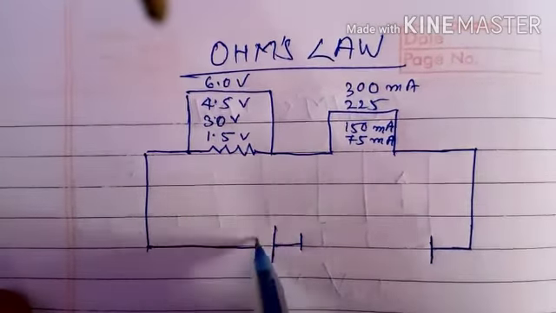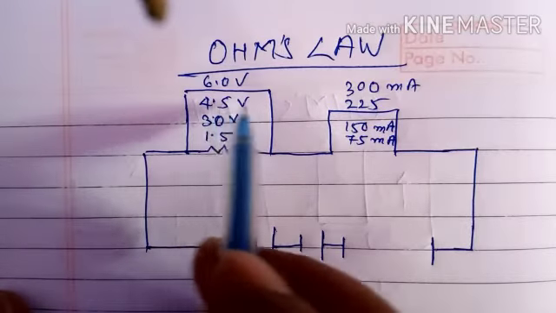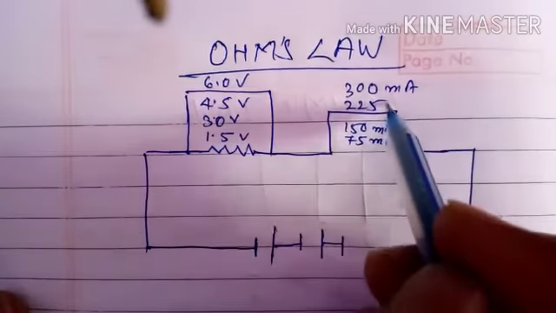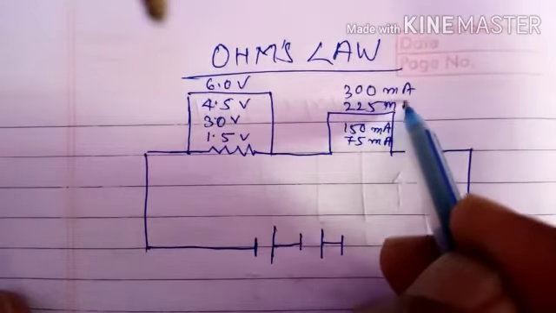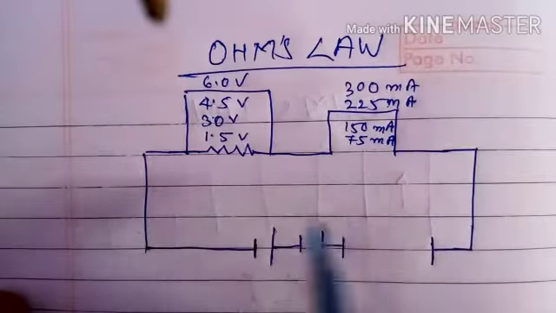150 milliampere. And students, in the third case, suppose we are using a third cell, so 1 cell, 2 cells and 3 cells. In this case the potential difference will be 4.5 volt and the reading of the ammeter will be 225 milliampere.